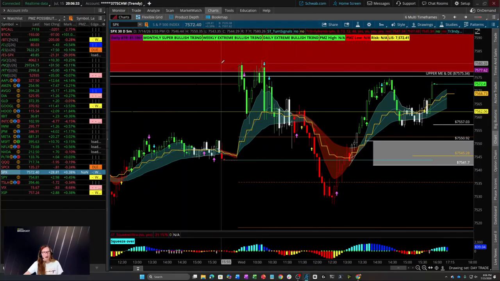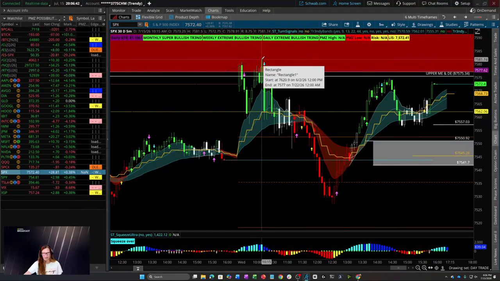In today's price action on SPX, we had some opportunities to be short from a sell zone.